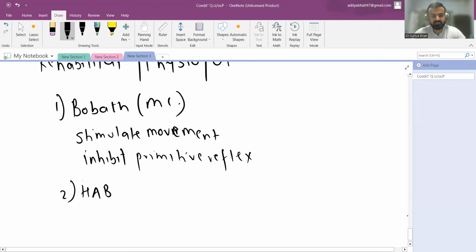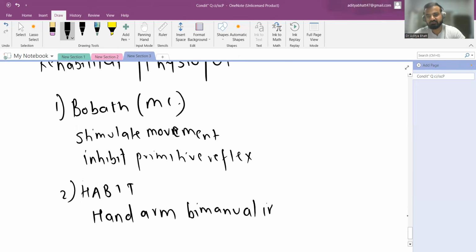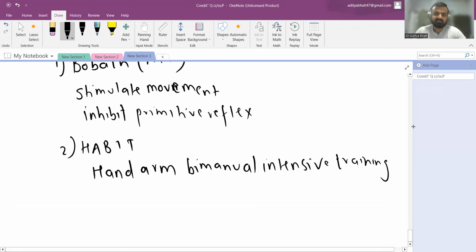The second method is HABIT. What is HABIT? Hand arm bimanual intensive training. In this HABIT, a patient with hemiplegic CP is the target.